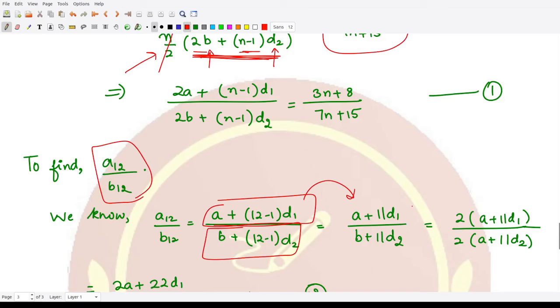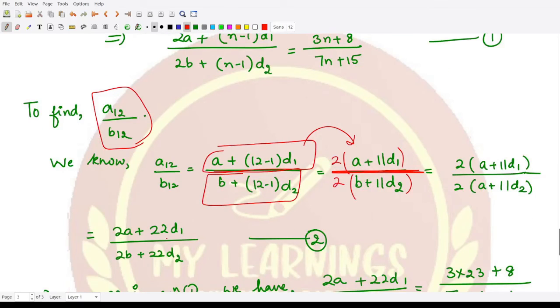Right, because this is a ratio, a fraction, we can multiply both the numerator and denominator by any number. So let's do it by 2. You will see in a moment why we are doing this. If we multiply the numerator as well as the denominator by 2, we have the ratio as 2a plus 22 d1 divided by 2b plus 22 d2. Let's mark this as equation number 2, right?